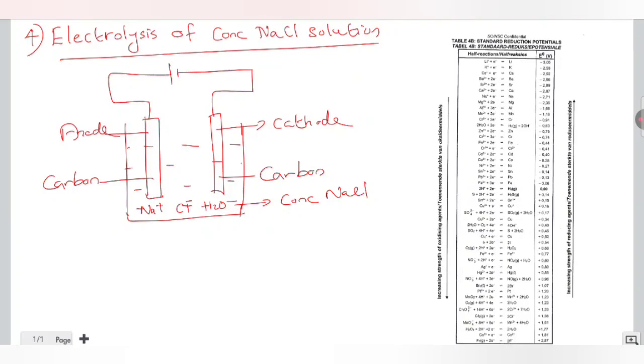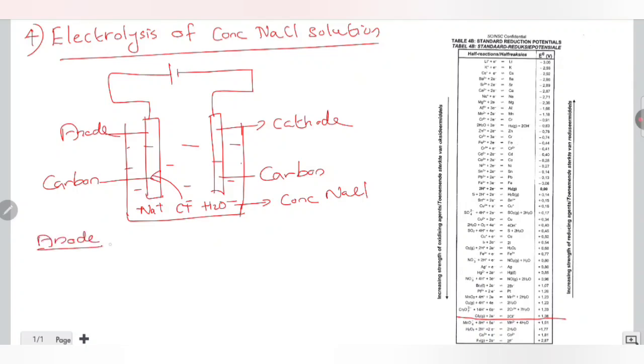Right, so when you connect it to the cell, you see anode is positive. Positive will attract, because carbon electrodes are there, they won't react. So from the solution, the chloride will move towards what? The anode, because anode is positive, right? I showed you in table 4b where is chlorine. Then you can copy that as the anode reaction.